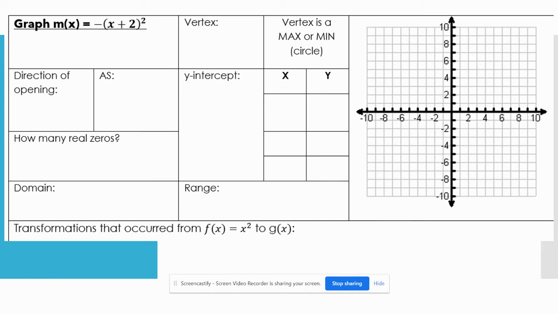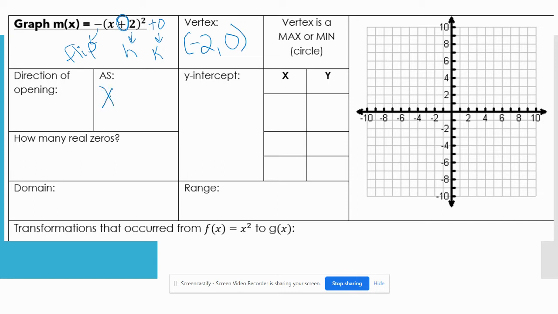Let's try this next one. So this negative is going to flip our graph. This plus 2 is our h. We don't have anything over on this side, so I'm going to add a plus 0 for our k. Remember, our vertex is the opposite of whatever this is, so if that's a plus 2, then our vertex is going to be at -2, 0.